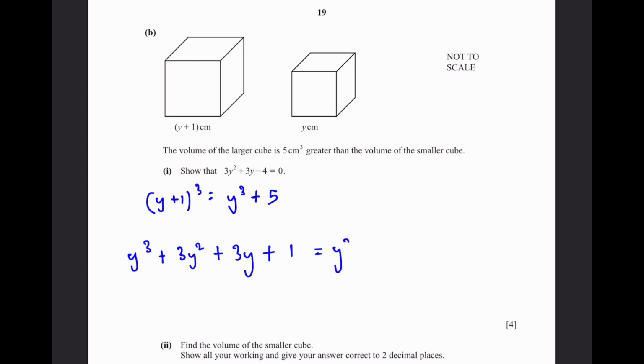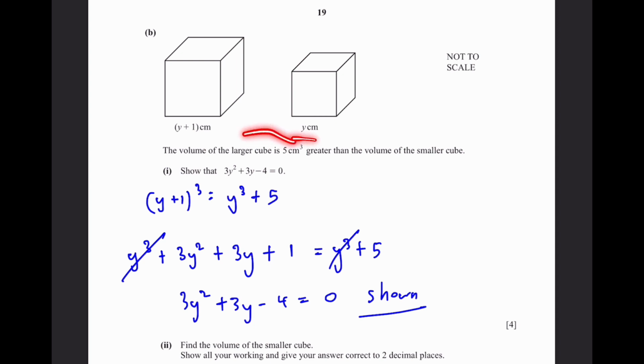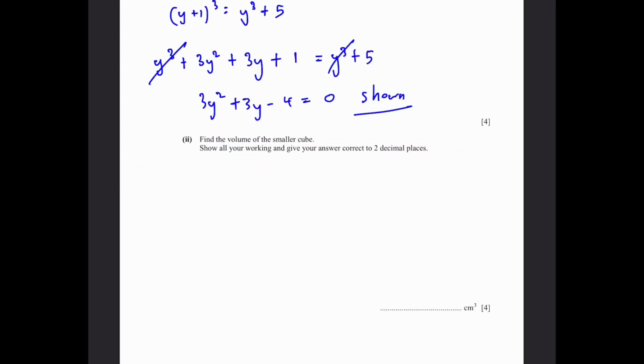That's equal to y cubed plus 5. So when we bring this y cubed plus 5 to the other side, y cubed will cancel out, and 1 minus 5 is negative 4. So 3y squared plus 3y minus 4 equals 0. And that's it, because we have shown that this is true because of the statement given in the question. That's the answer.